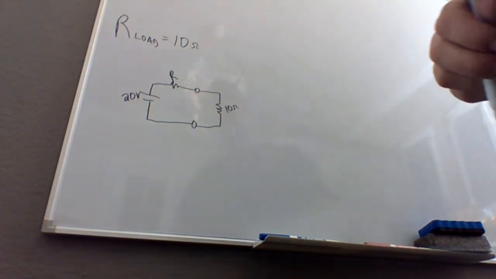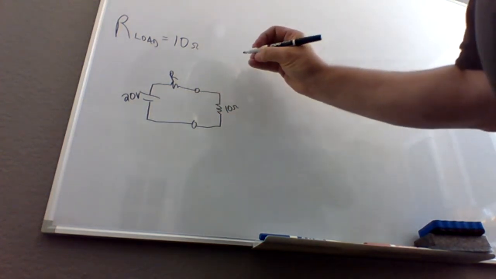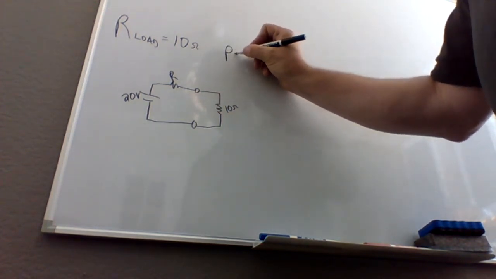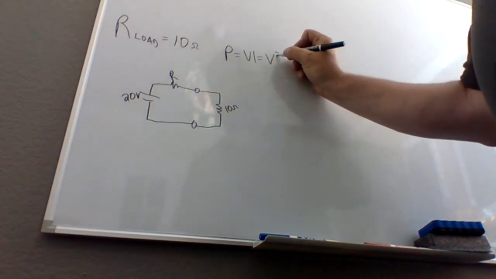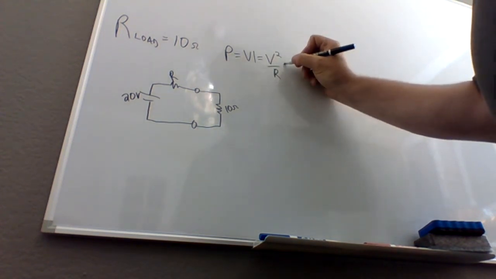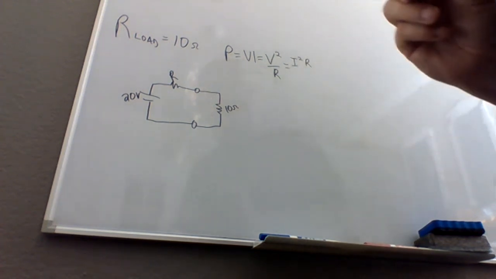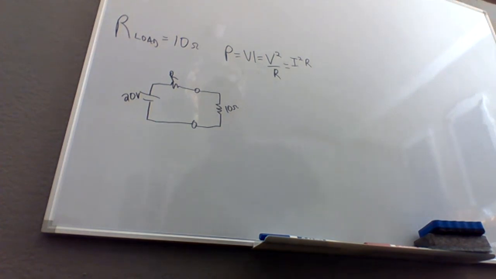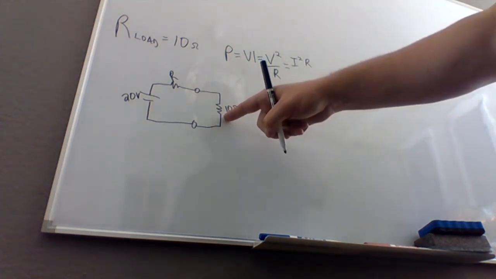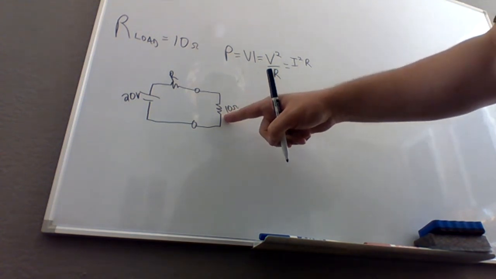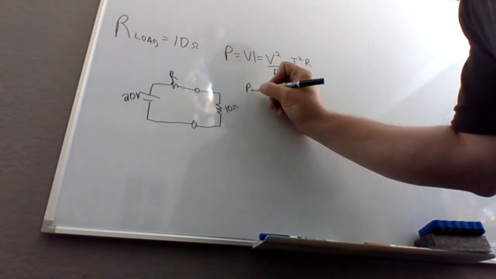Now, I know for a fact that power is equal to VI. It's also equal to V squared over R, and it's also equal to I squared R. Correct? So, if I wanted to figure out the way to get the maximum power here, we'll call it P10.